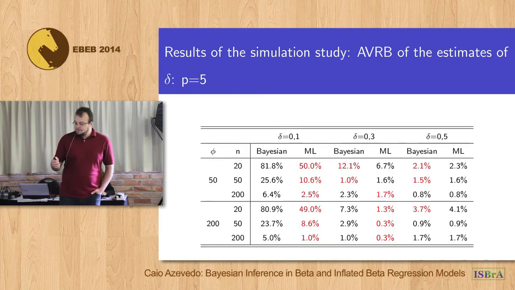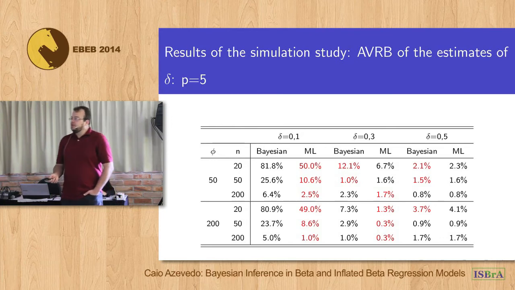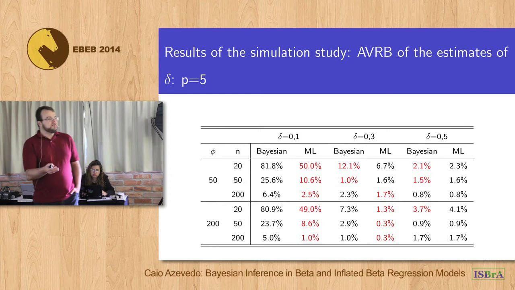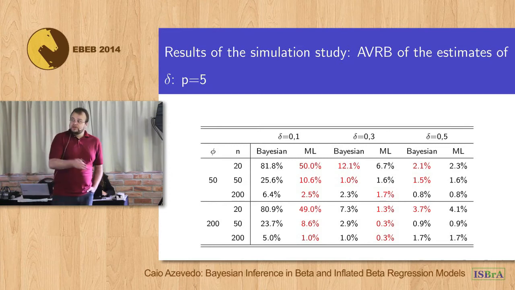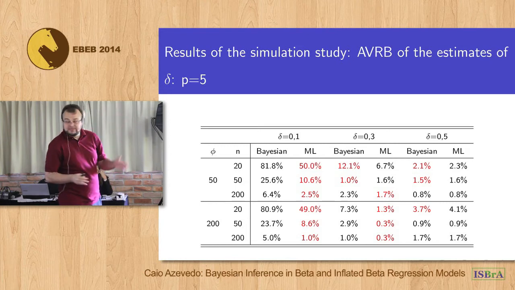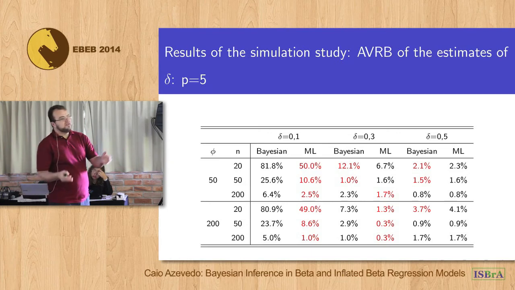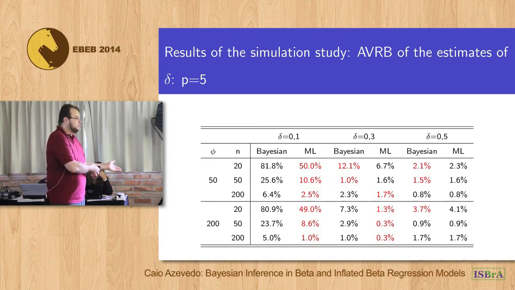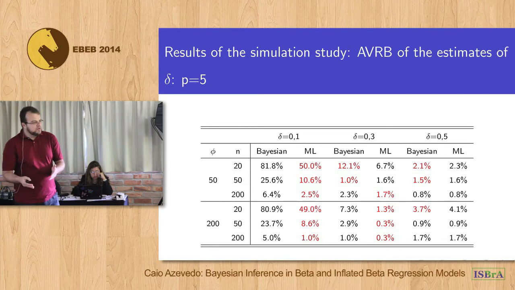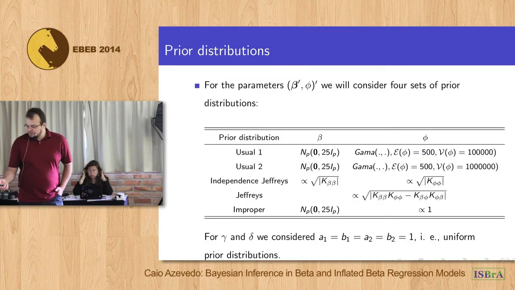For the delta parameter, we have that the maximum likelihood estimates presented better results compared to the expectation a posteriori estimators. But we need to keep in mind, as I said before, that in this case the maximum likelihood estimate corresponds to the maximum a posteriori estimate under this prior distribution.